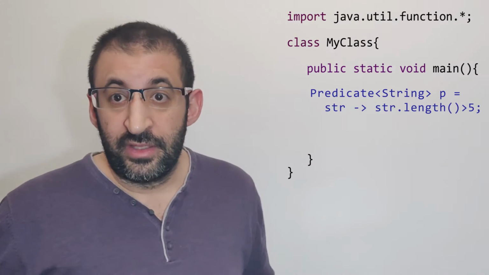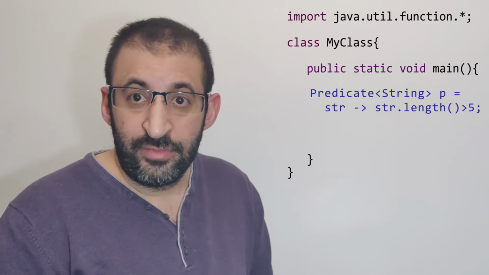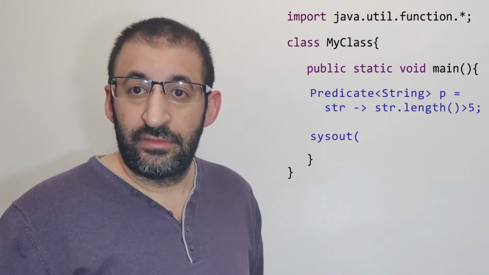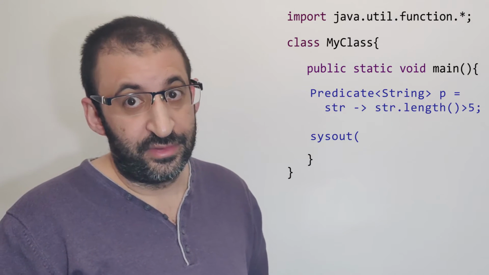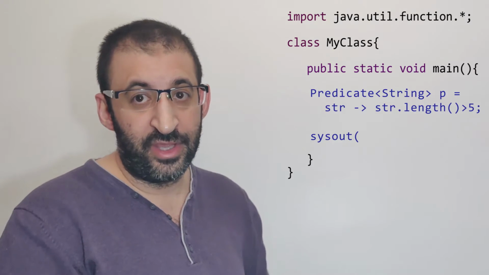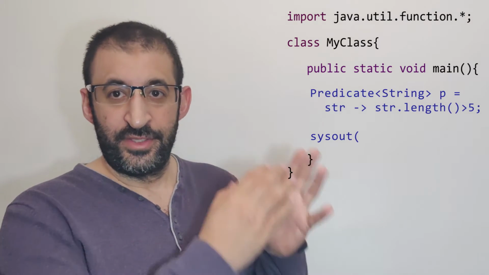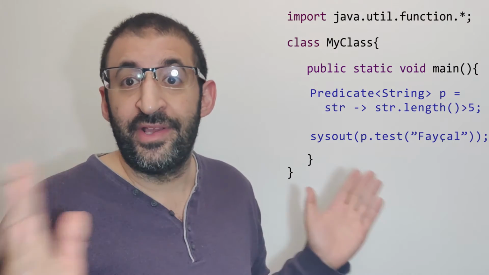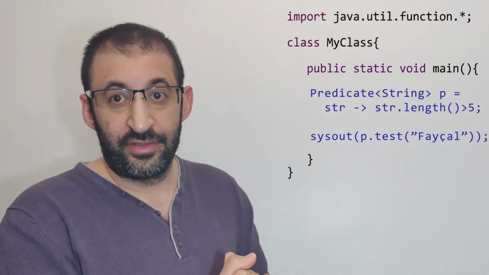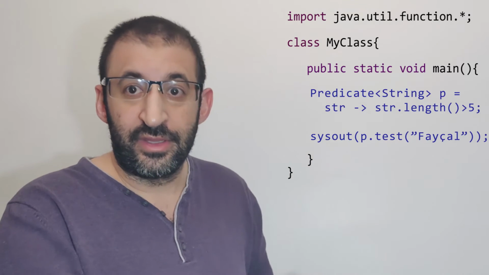After, to display a result, I will make System.out.println, and I will call my predicate with the test method. It is the only one abstract method in the Predicate functional interface. So p.test, I give it, for example, Faisal. Normally this statement returns true.